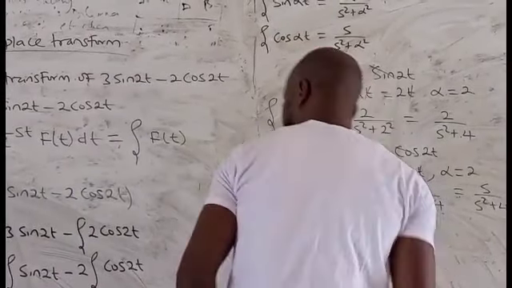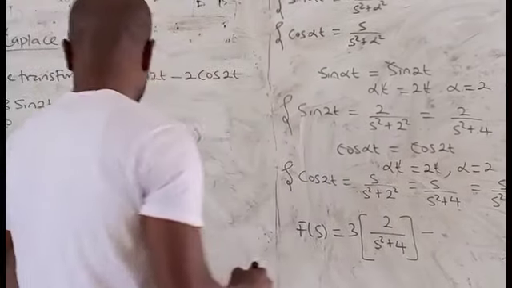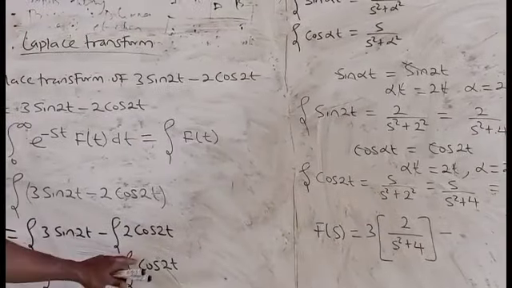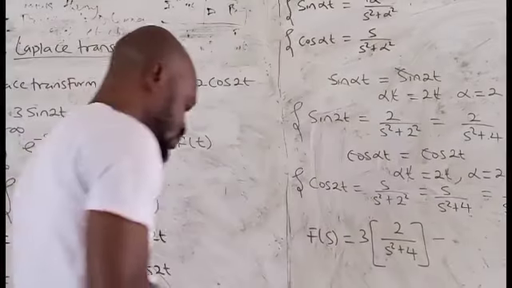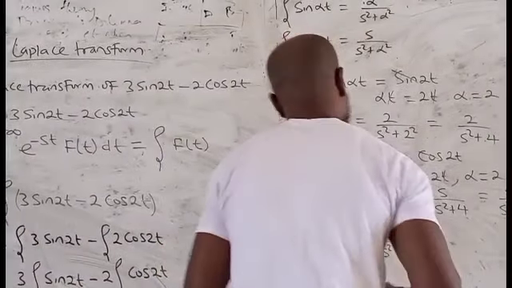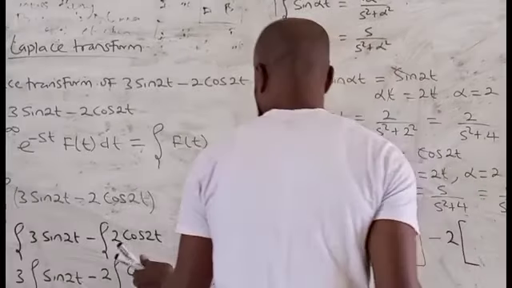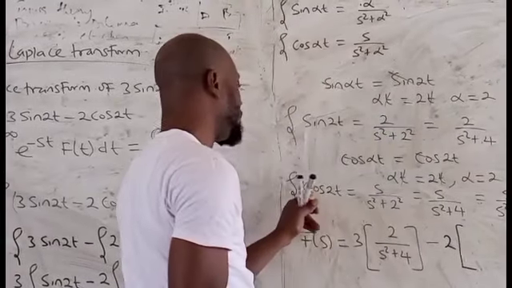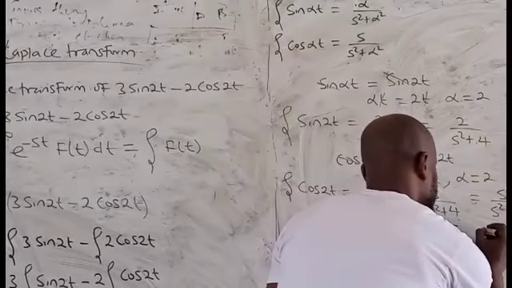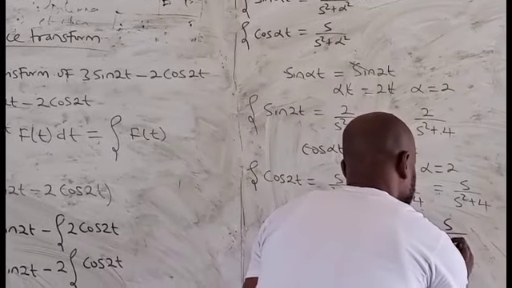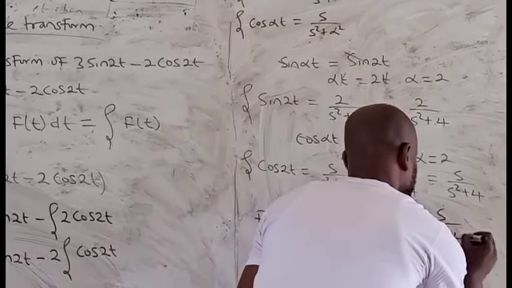Minus 2 times the Laplace transform of cos 2t, which is s over s squared plus 4.